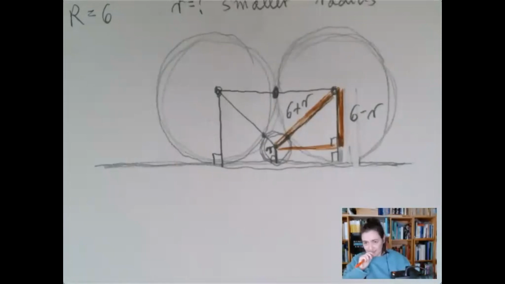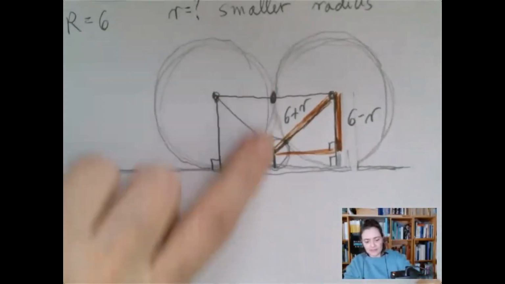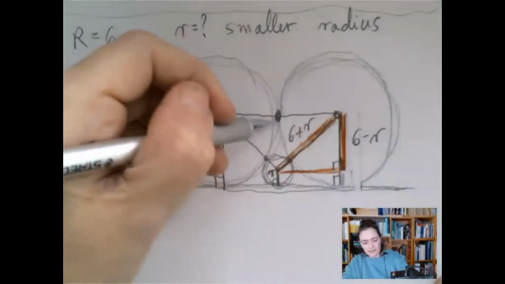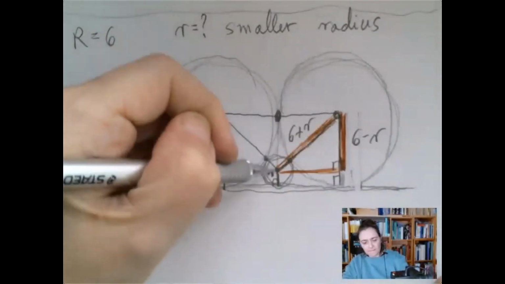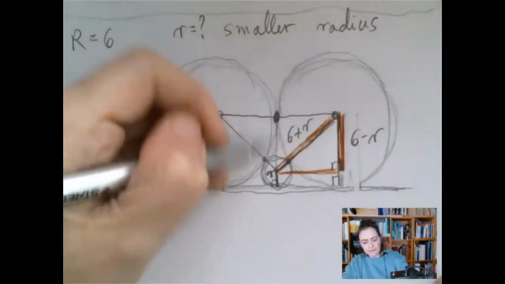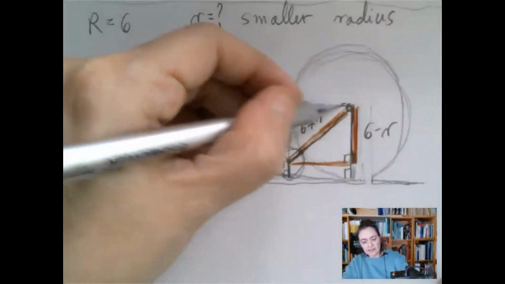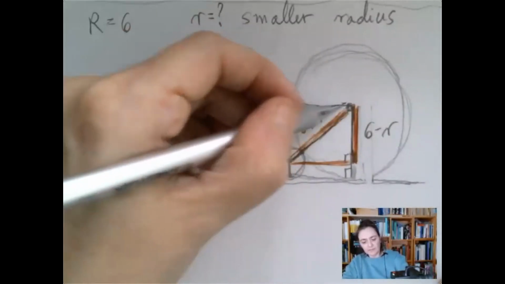Would it be r plus 6 minus r? Yeah, it would be 6. Exactly. I don't know how you got it, but there are a lot of right angles. So it's basically 6. This is a rectangle that I'm outlining.